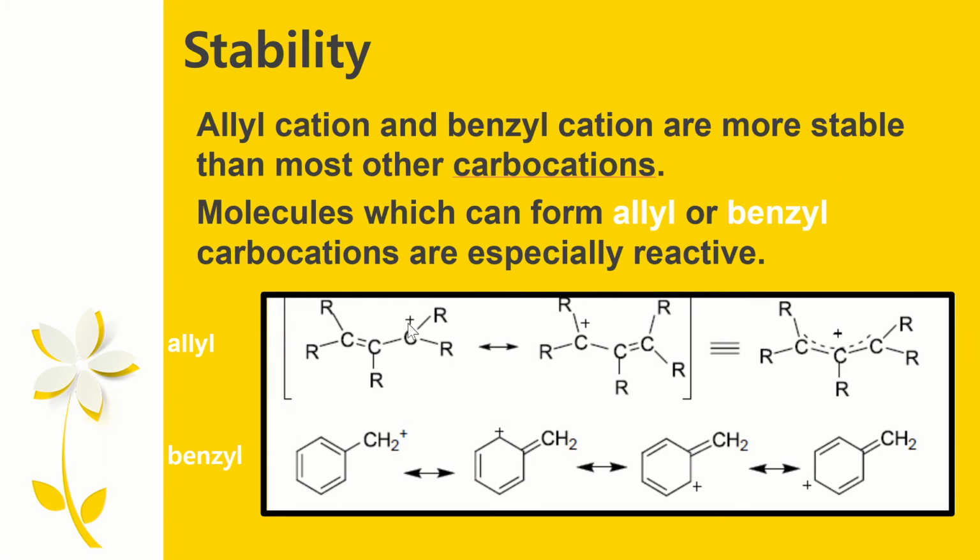Double, single, and a plus charge on the carbon. So let me go again. Double bond, single bond, plus charge on the carbon. That is our allylic group or allyl, right? And so because this is the case, the electrons are now stabilized by resonance, because this pair of electrons can now go to form a double bond here, and then we end up with a plus charge on the carbon here, as we see, right?